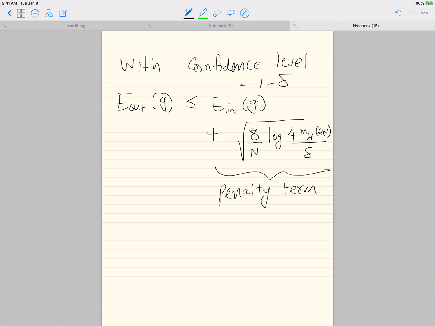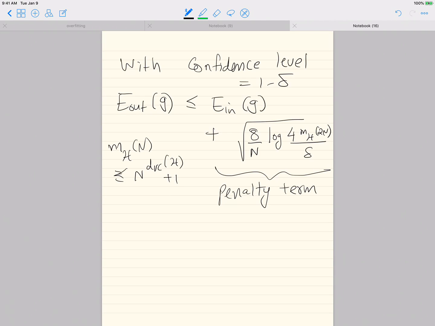Now mH of n is n to the dVC, right? This is polynomially increasing in n. Plus 1. So if you substitute here, then you get dVC times log of n.